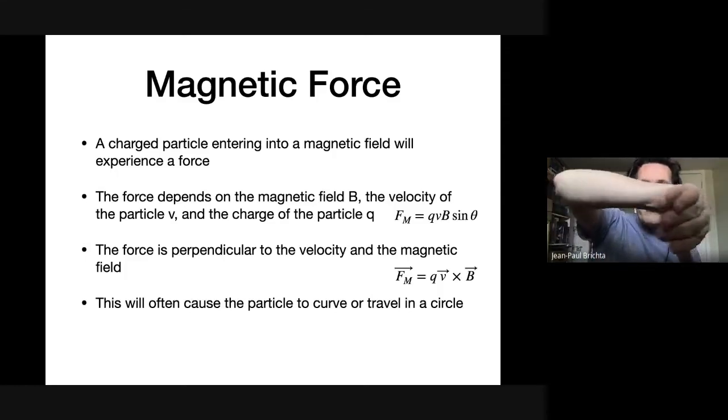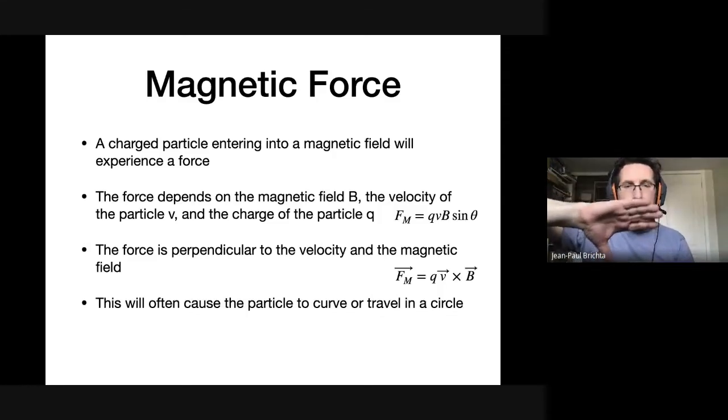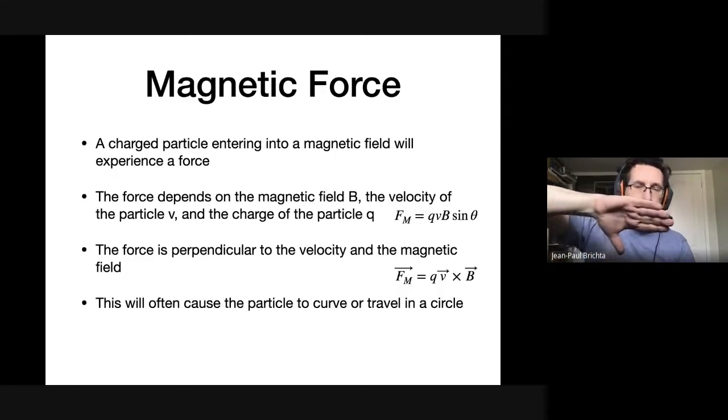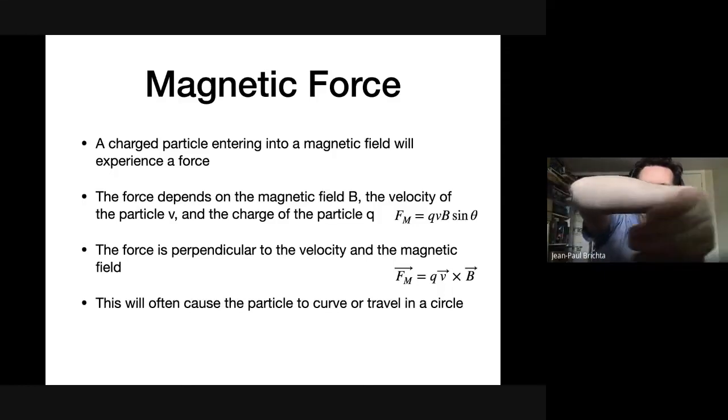It will actually turn and travel in a circle. The magnetic field will always point down, but the velocity will slowly change because there's an acceleration, a force into the camera, that will turn the particle like this.